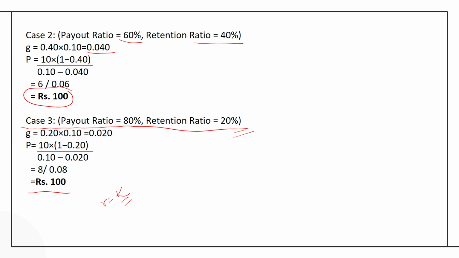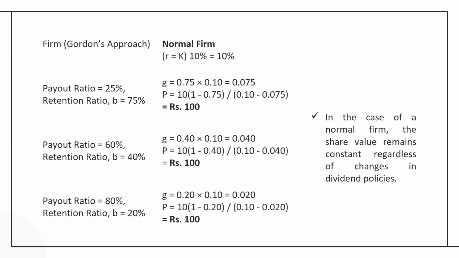So, for a normal firm we can conclude that it would not pay much attention to what the dividend payout ratio should be, or what amount of earnings should be retained in the company, because the share value remains constant regardless of changes in the dividend policy.